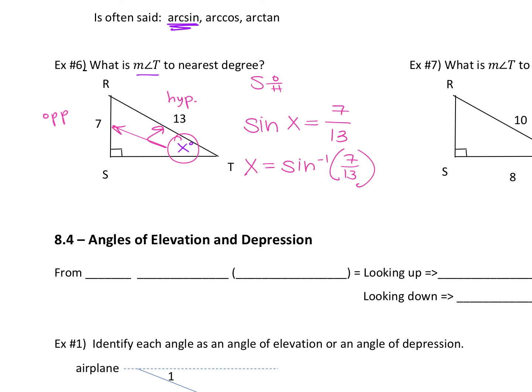You don't have to finish off your parenthesis there, but you can if it bothers you to leave it open-ended. Whenever we round with angle measures, we typically do a whole degree. So this comes out to 32.5789. What is that to the nearest degree? 33 degrees. Okay, so X is 33 degrees. Just make sure the -1 button, the second key, and then sine, is the button you're using, okay?